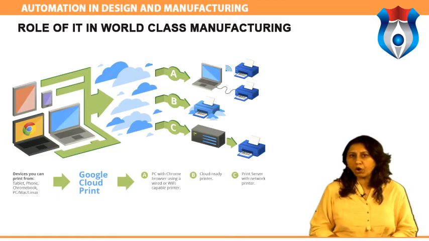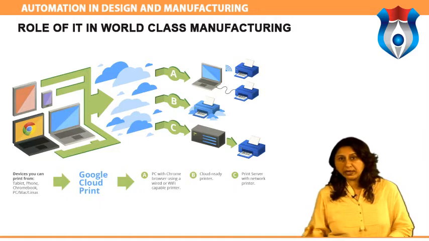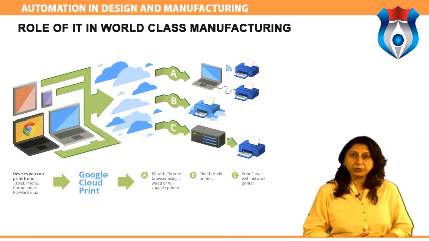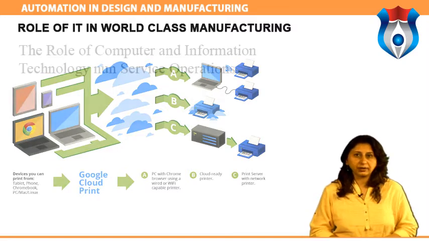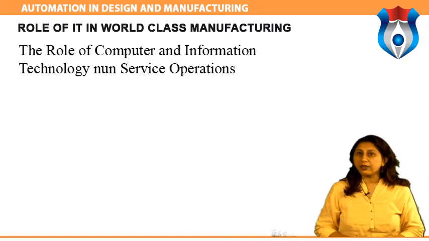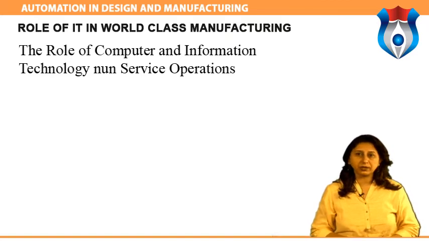The main goal of this IT infrastructure is to enable zero latency within and between business processes that have stakeholders that are distributed across the organization. The role of computer and information technology runs service operations. Service, by its definition, does not have a physical dimension.